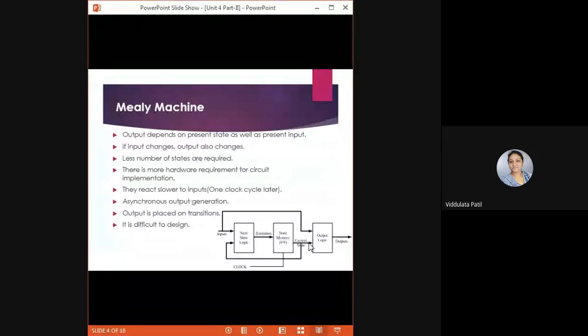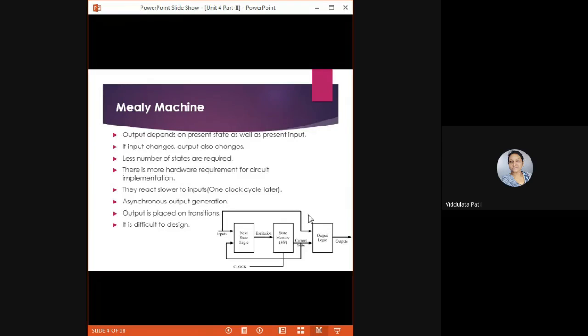So this current state and current input, whatever is the input here, you can see that is again given as an input to the output logic, and that will decide the final output. So that means here you can see that at this block output depends on the current state as well as current input or present input. So if input changes, output also changes.